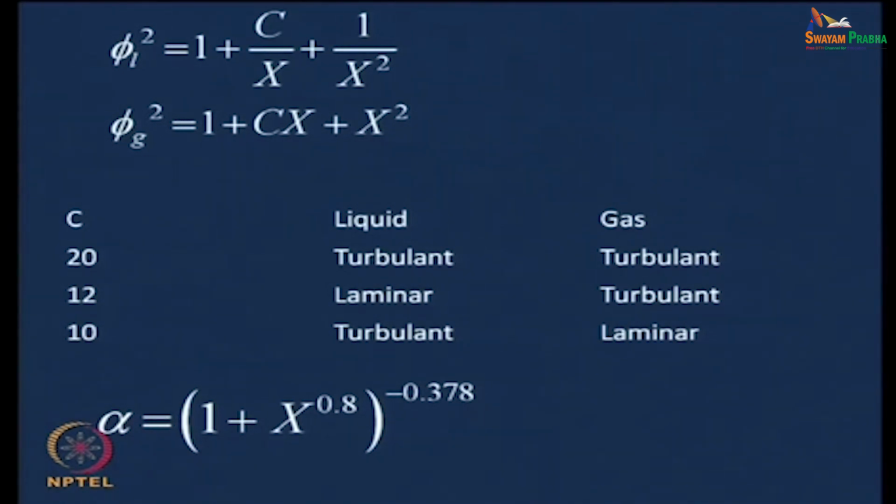Okay. So, remember this part also. In the next class, we will be dealing with certain generalized modifications, certain improvements of this particular correlation, and that will finish off our separated flow model. Thank you very much.